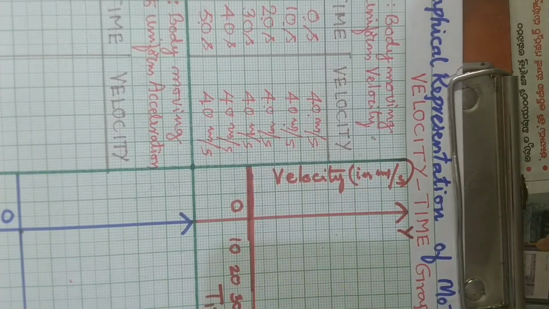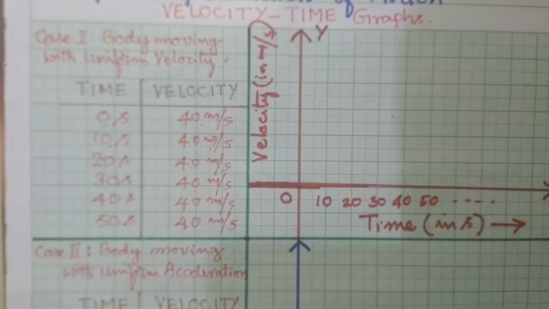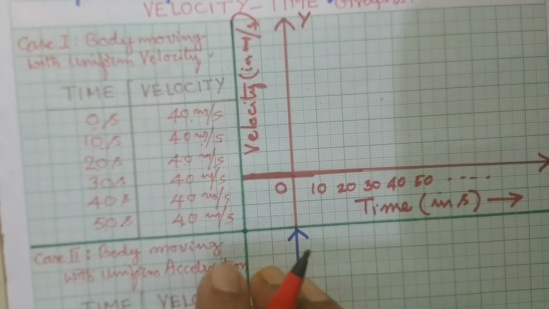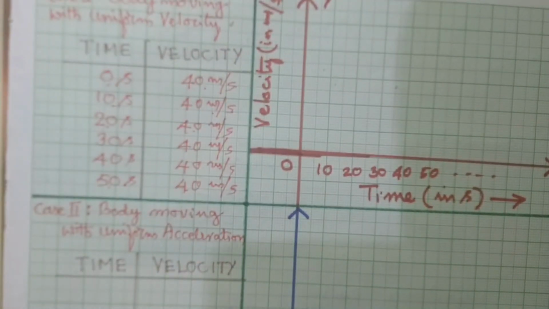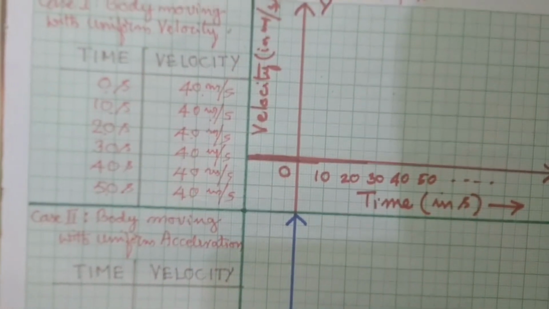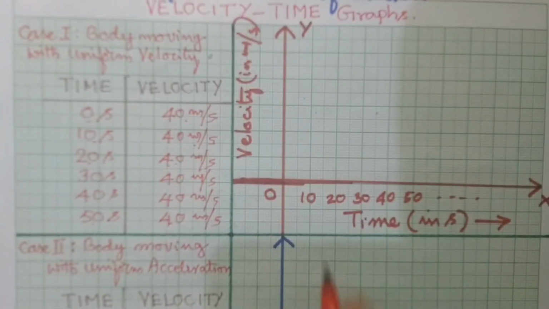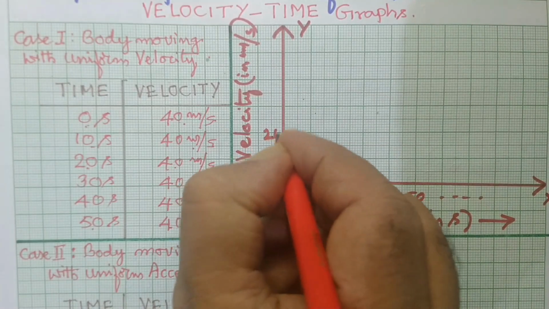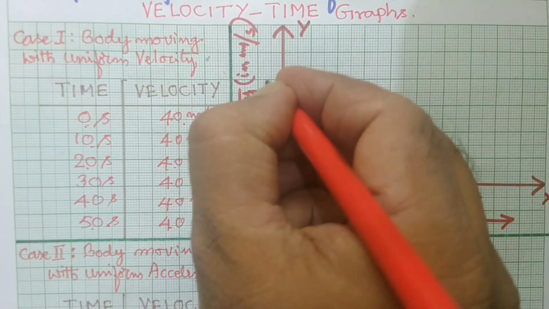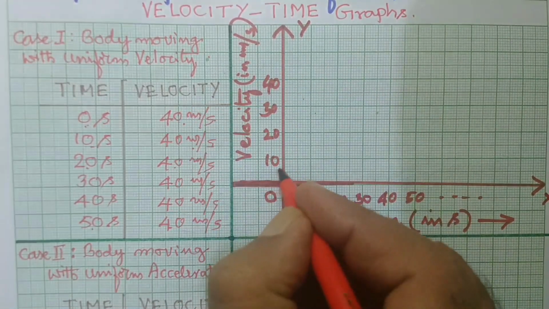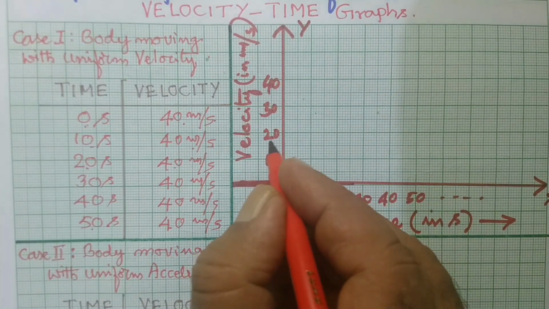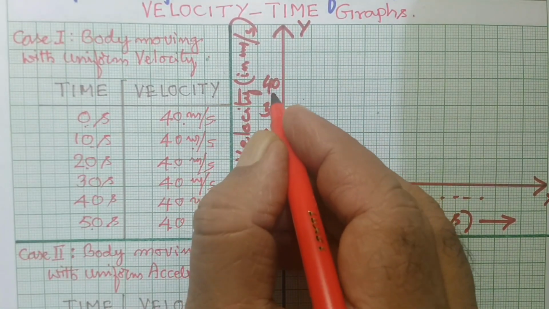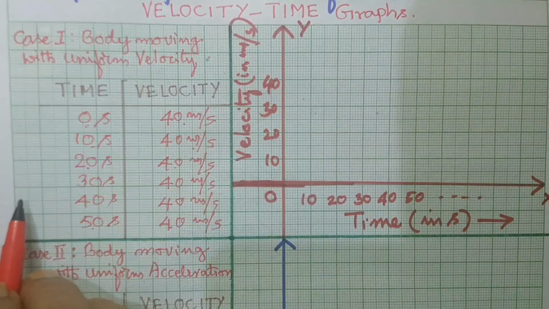So values we will take up. This is 0, 10, 20, 30, 40. I mean to say here 10 meter per second, 20 meter per second, 30 meter per second, 40 meter per second, like that I am taking.